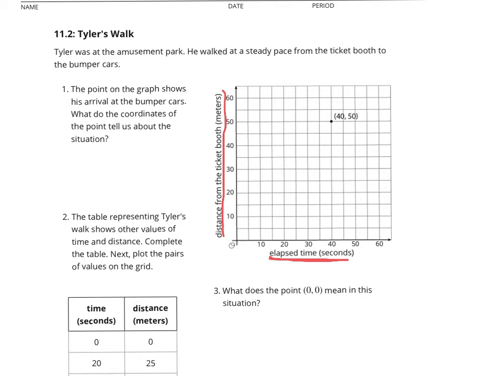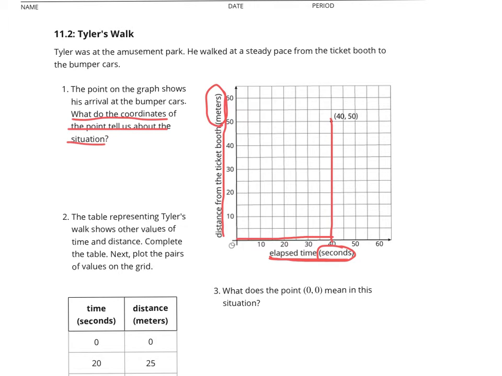So that point (40, 50) means that after 40 seconds in the x direction, Tyler was 50 meters away from the ticket booth. So it says, what do the coordinates of the point tell us about that situation?